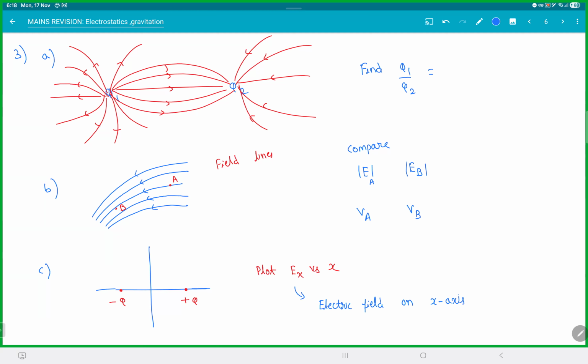So if a person is walking on the x-axis, he will experience an electric field. You need to plot that electric field versus x coordinate. Decent questions. Finish all three, then you can answer together.